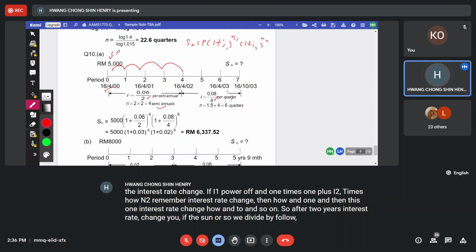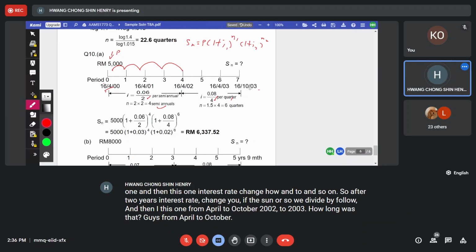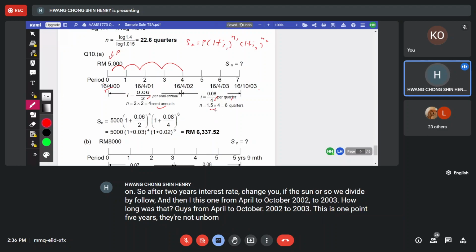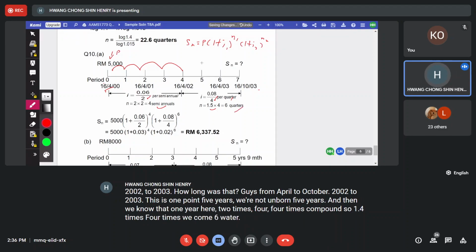And then from April 2002 to October 2003, how long was that? This is 1.5 years. Correct? And we know that 1 year you have to times 4, 4 times compounding. So 1.5 times 4 becomes 6 quarters.